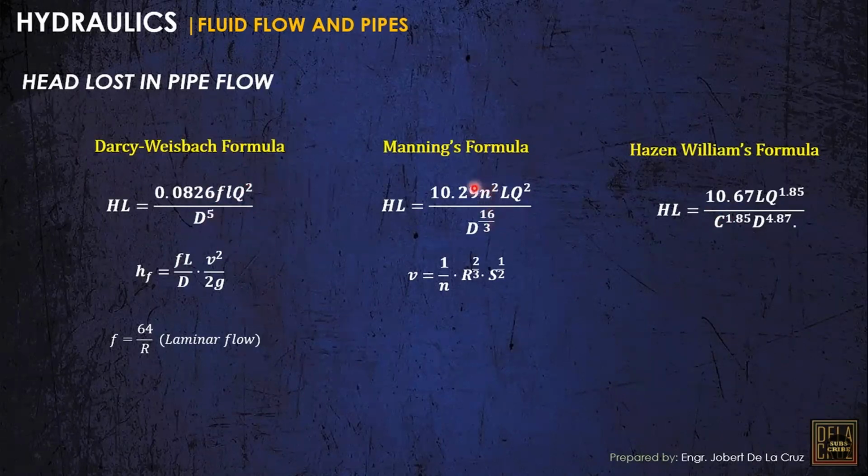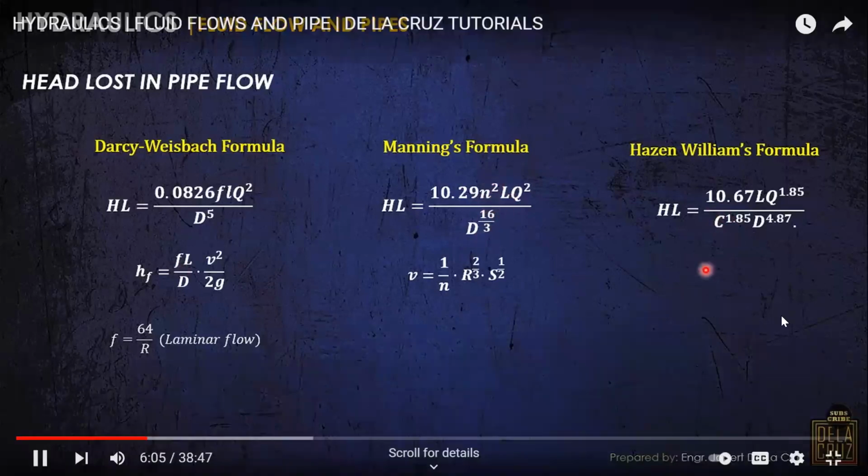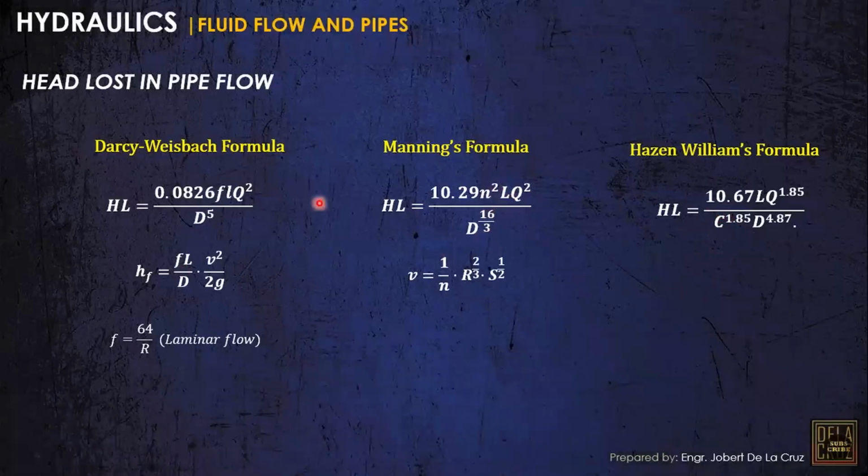If N naman yung binigay, that is coefficient of resistance, I think. You can check this on the internet, ano yung meaning dito, at yung C. Okay, so ito yung mga head losses na gagamitin natin. If hindi naman binigay yung friction factor, then we can calculate that using this formula for laminar flow.